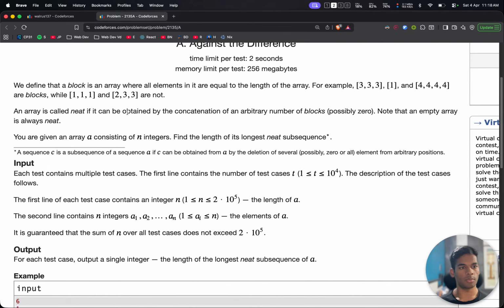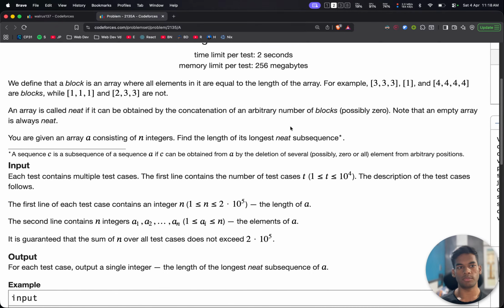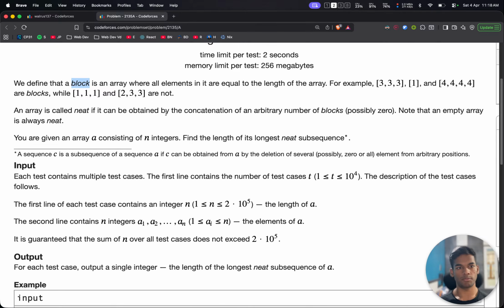So the problem is this. We define that a block is an array where all elements in it are equal to the length of the array. For example, 3, 3, 3, 1, and 4, 4, 4, 4 are blocks, while this and this are not blocks. So they have given a term called block, and they call blocks arrays where the number of elements in that array is the value of each element in that array.